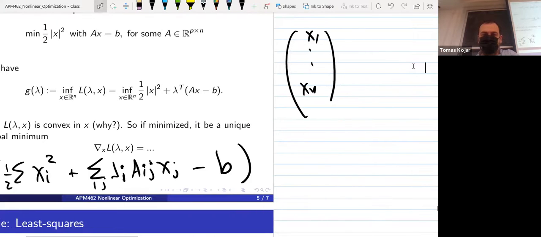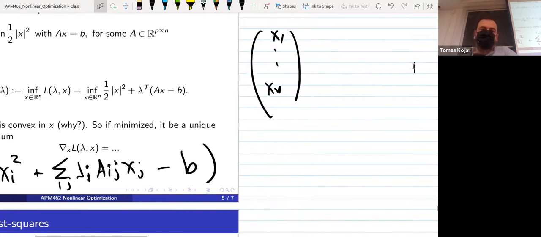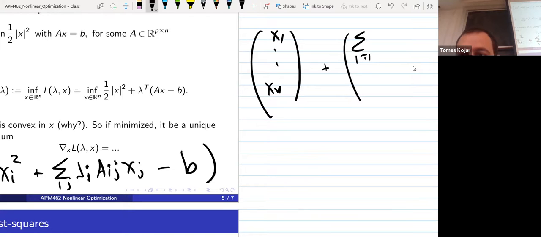For the second term, you kill off the j, so you have the summation from i equals 1 to n of lambda_i a_i1 through a_in.